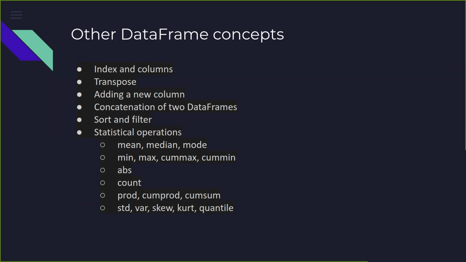Concatenation we will see today. Sort we have seen, filter we saw through the loc and the iloc. And there are certain other statistical operations that we can do on the entire data frame or on one of the columns. Some of these things we will see as we go into the session today.